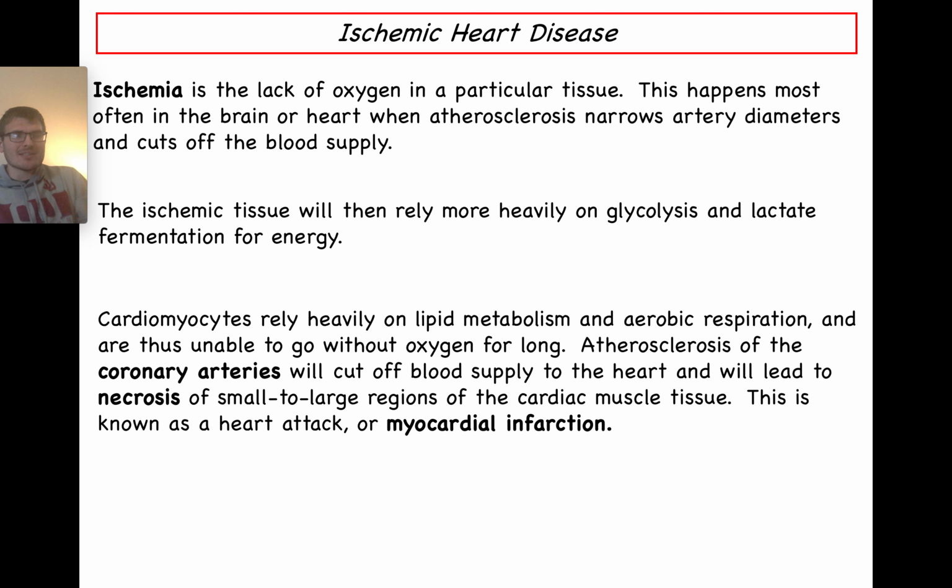Essentially what that means is that cardiac muscle absolutely cannot tolerate being without oxygen, hardly for any time at all. So if you do have atherosclerosis of any of those coronary arteries, that cuts off blood supply and produces ischemia in the cardiac muscle, those cardiomyocytes almost immediately are going to start dying by a process called necrosis.